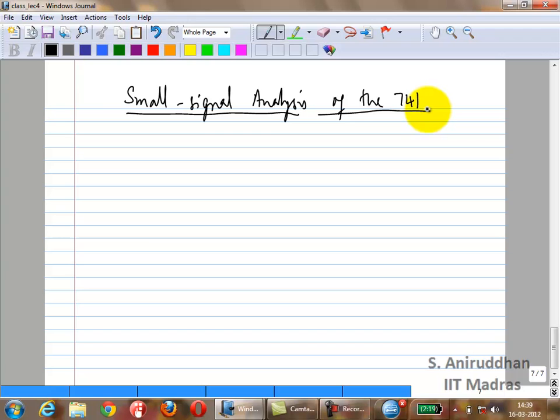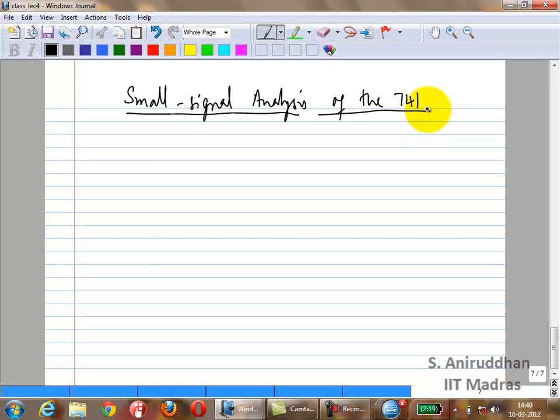So those might change. Your actual answers could be maybe 20-30% different, but that's still okay, because the whole idea of going through this was to get you to understand the structure first of all, how things are biased, and the approximate values of the bias current.